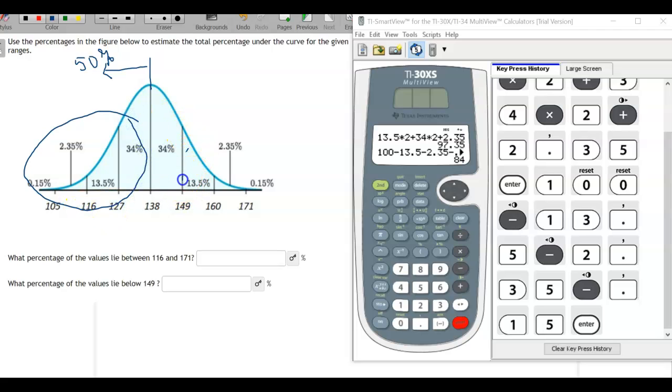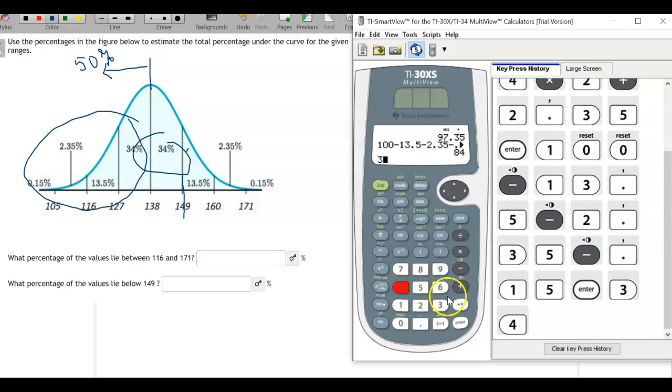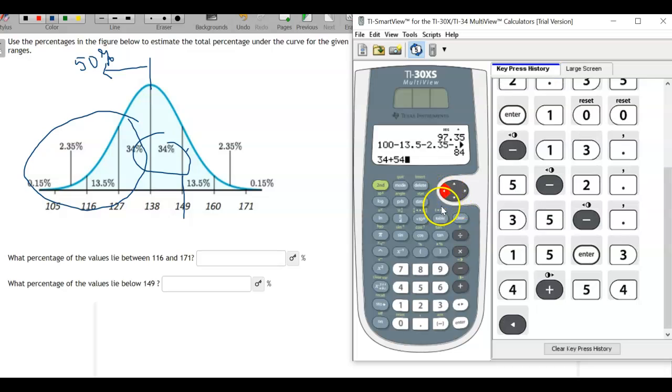And so from 149 below, we should be able to add 34%, plus 50%, which you could probably just do in your head, right? 34 plus 50 is 84, so that's 84% that way as well. So there's just a couple ways to do that.